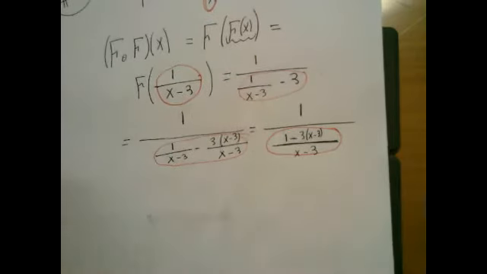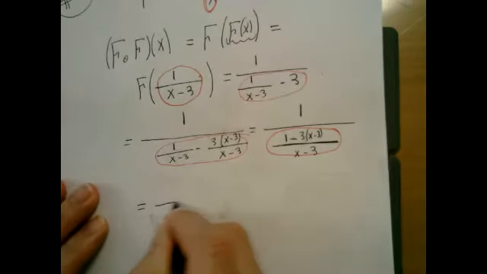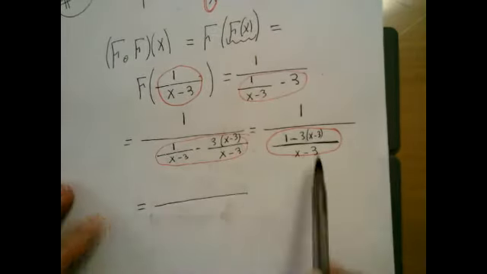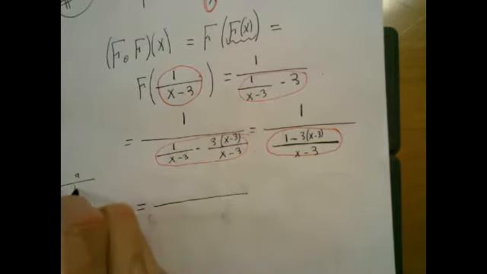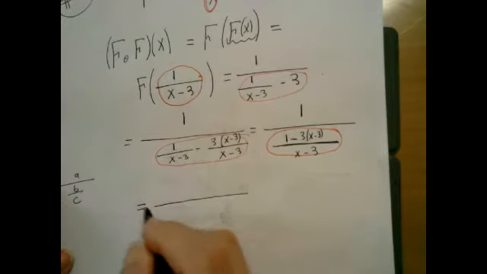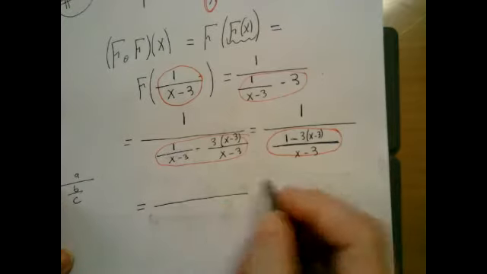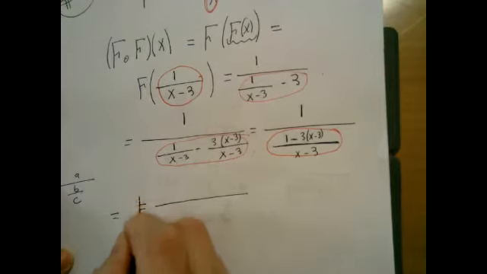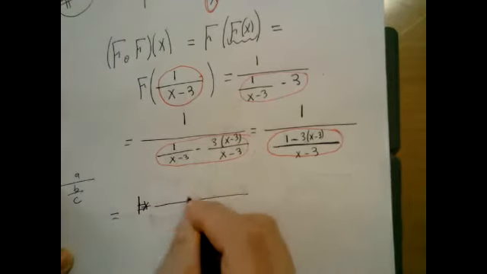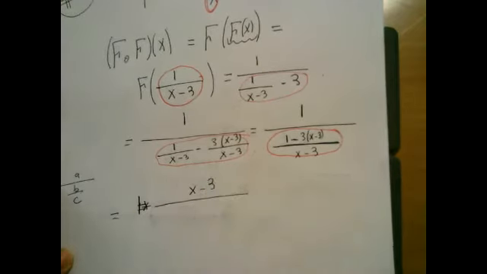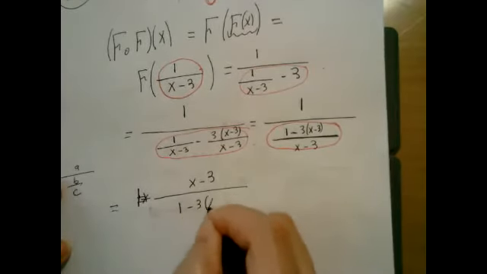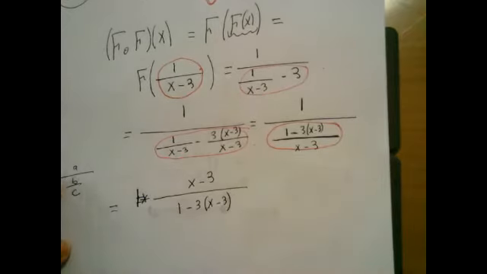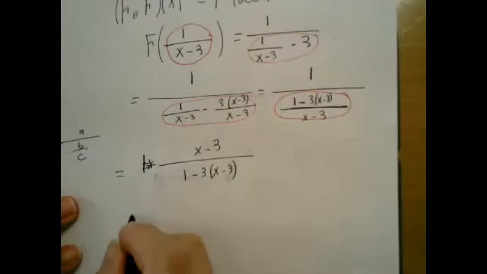Now it's a little bit of algebra using fractions. We know that if you have A over B over C, this is nothing more than 1 times x minus 3 over 1 minus 3 times x minus 3. And now that's the end of it.